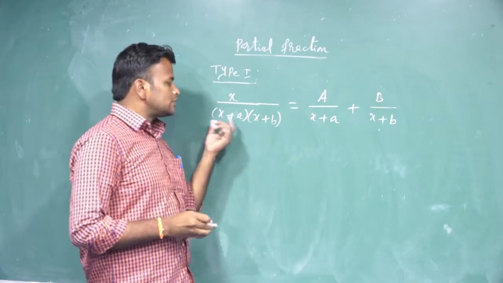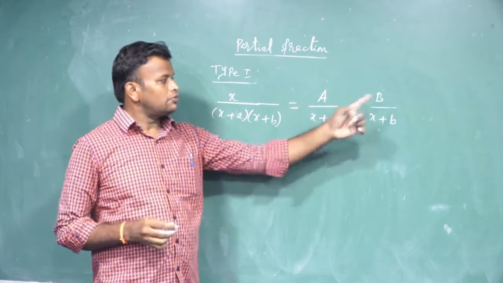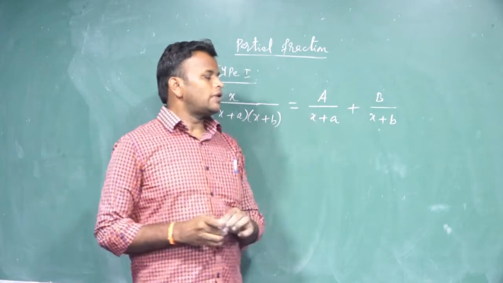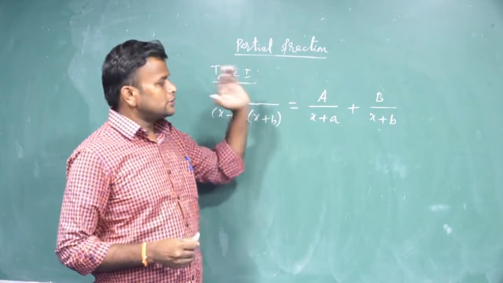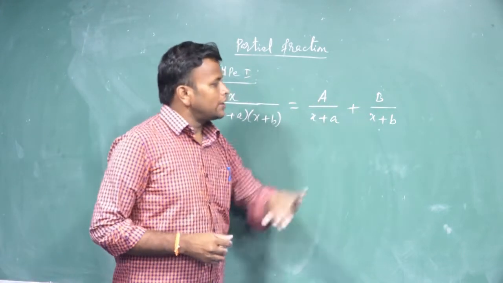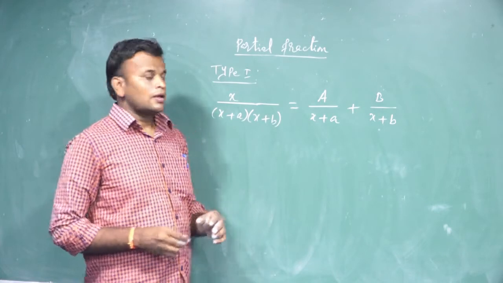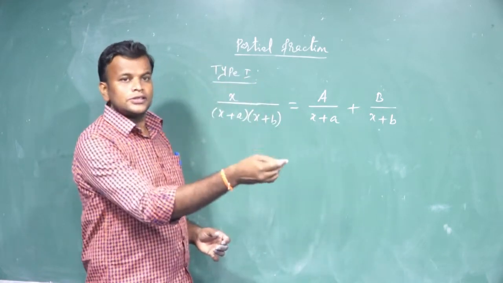Suppose the factors are simplified, it is a linear factor. For each and every linear factor there will be a constant. Then we cross multiply, then we find the values of a and b. So we use the concept in integration and we know how to find the values of the constants a and b. So it is the first step. All are linear factors, so for each and every factor there will be a constant.